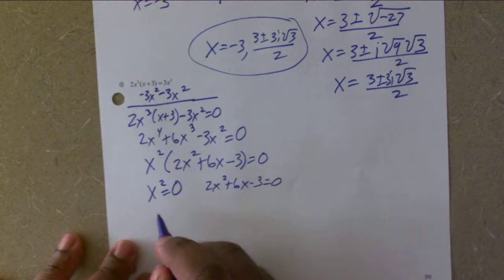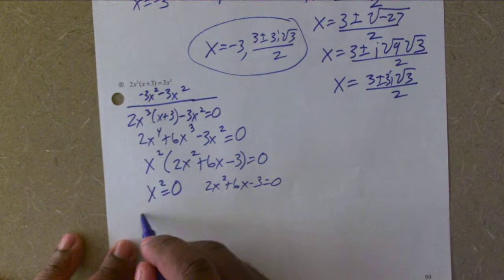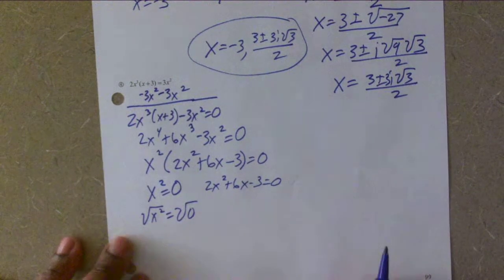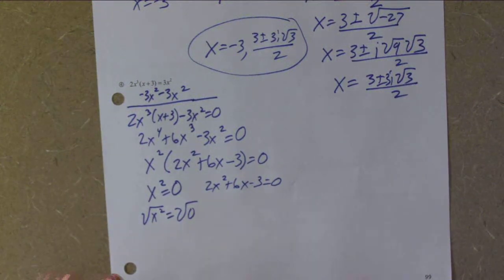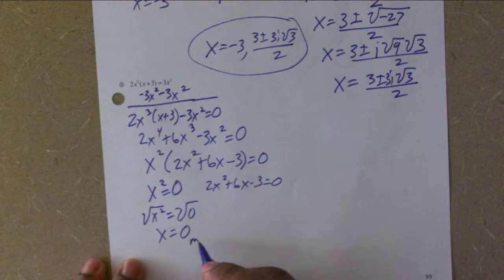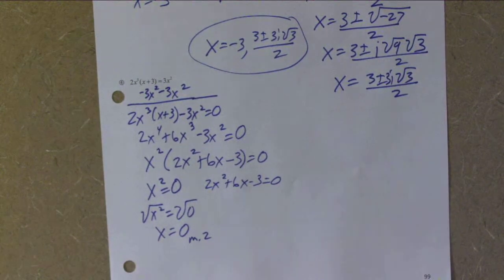So if we take the square root of both sides, we don't put a plus or minus on 0 because 0 is not positive or negative. So this would be x is equal to 0, but it would be multiplicity 2. Does everyone follow that?